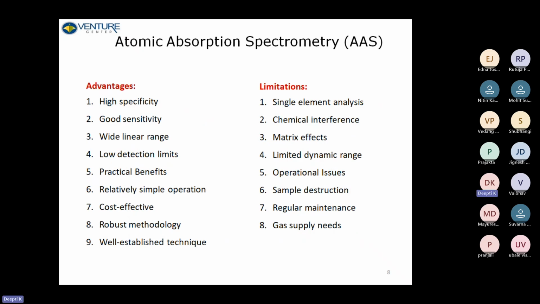So overall, atomic absorption spectroscopy is highly specific because we are analyzing one element at a time. It is one of the most specific equipments available for elemental analysis out there. It has good sensitivity, wide linear range, low detection limits. It is relatively simple to operate.